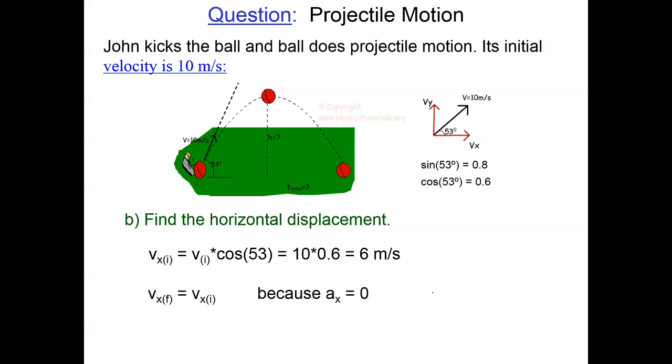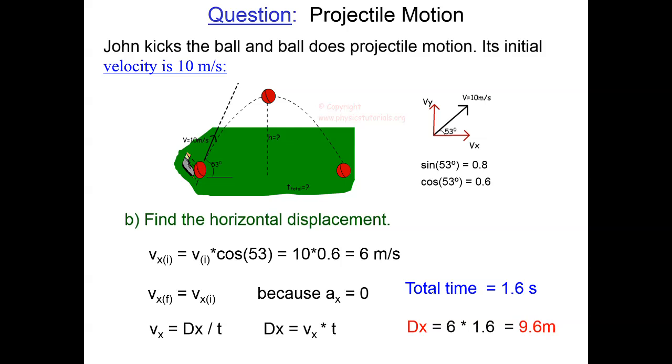So here we can just multiply the average velocity, so the 6 meters per second, times the time, which is 1.6 seconds. So that tells us that it's going to travel 9.6 meters.